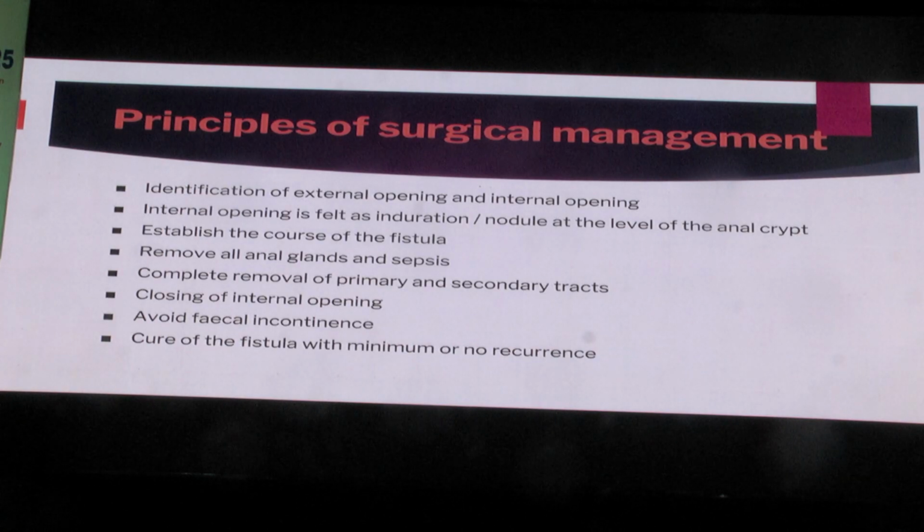This picture on the right side depicts the types of fistula, and there is a seton. After fistulotomy and fistulectomy, there is a seton. That seton is of two types, draining seton and cutting seton. Cutting seton is used for complex fistulas to cut the muscle when it is supralevator or extrasphincteric.